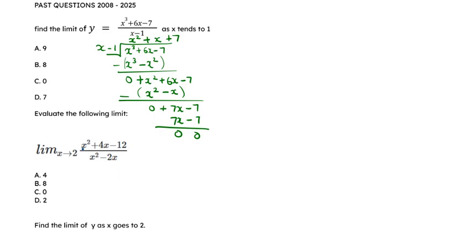So you will see that the polynomial you have as a numerator can be rewritten as x minus 1, which is the divisor, multiplied by the quotient, which is x squared plus x plus 7.